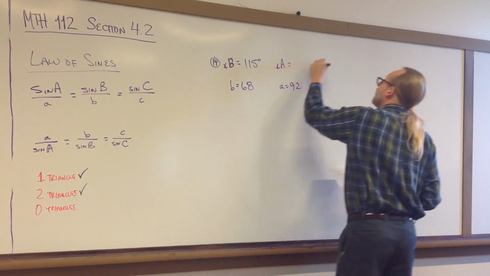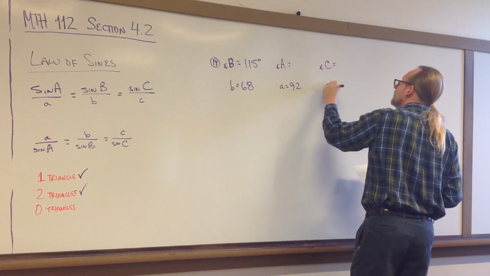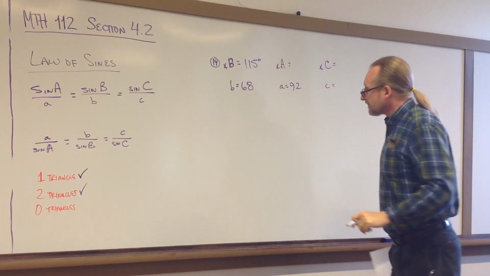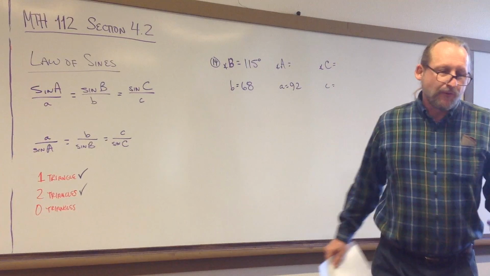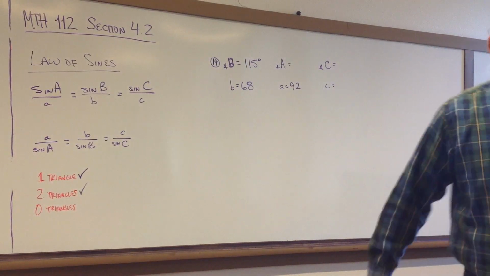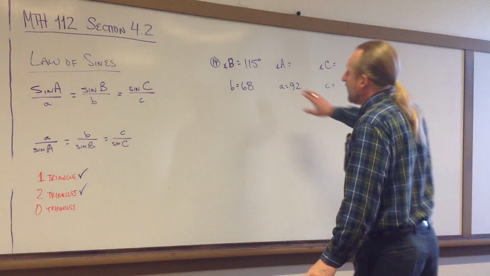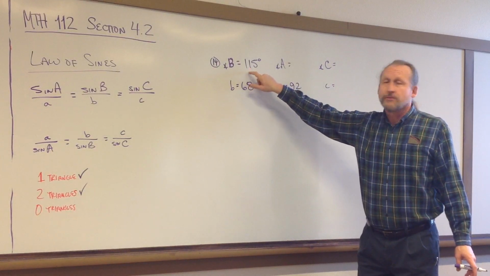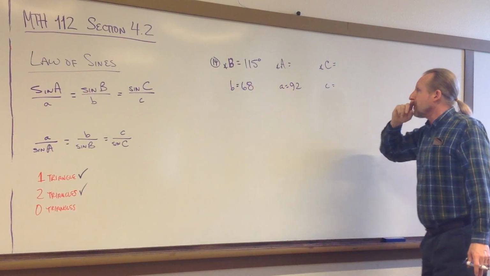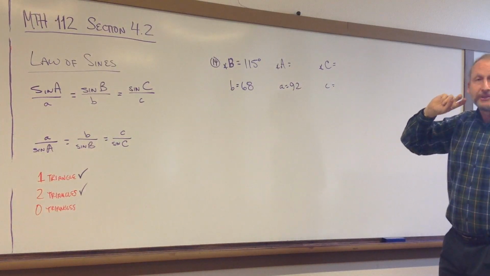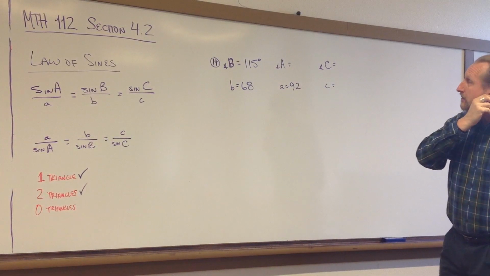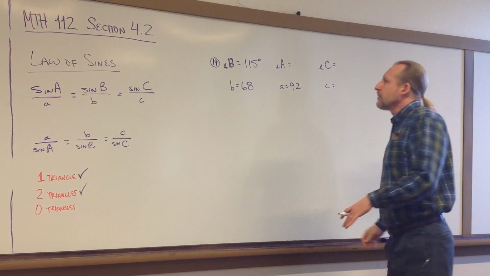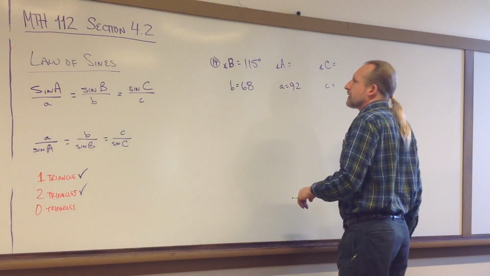We need to know angle A, angle C, and side C. So, even before we start on this one, there's no way we're going to fit a second quadrant angle in the same triangle as this angle right here. So this problem is either going to be 0 or 1 triangles. We can't have two here. And I'll reiterate that as we work through this.